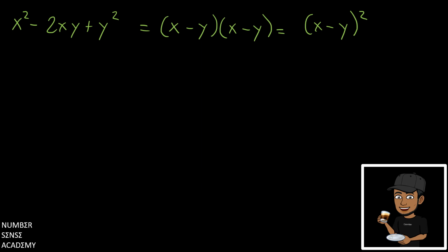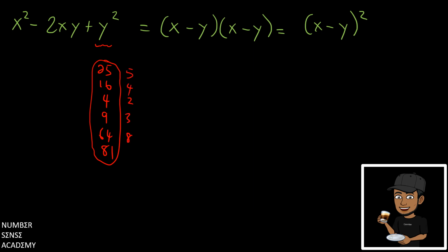So the way you'd spot it, you'd look at the y value and see if that's a perfect square, say 25 or 16 or 4 or 9 or 64, 81. And then you're going to check the middle value. If these are perfect squares, then you know that the square root of, say, 25 is 5, 16 is 4, 4 is 2, 9 is 3, 64 is 8, and 81 is 9.